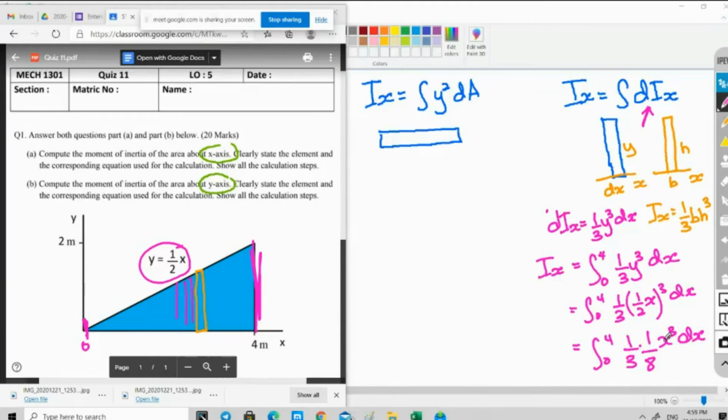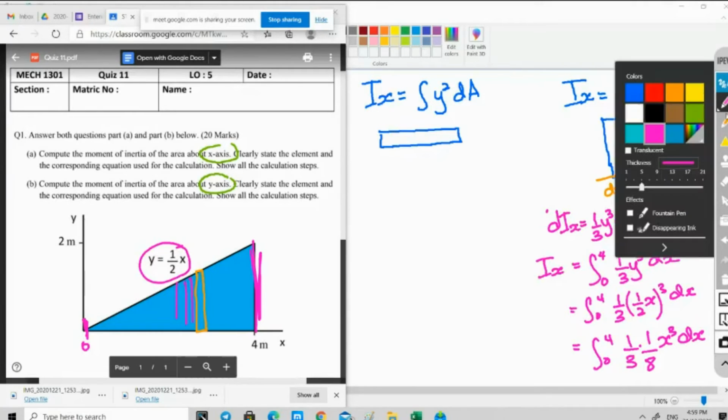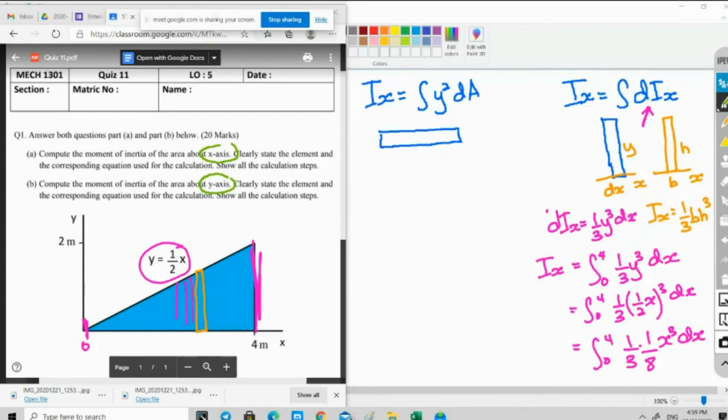Now, if you do not want to use this, rather you want to use a horizontal element, which is this equation here, then you are free to do so. Green, is it suitable? Okay, so you will use this element here, the horizontal element.